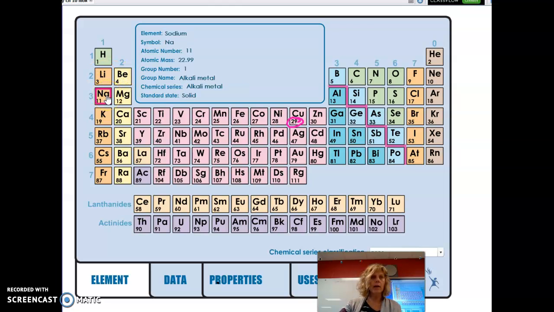I looked at my super cool interactive periodic table, and the molar mass is the atomic mass, but in grams.